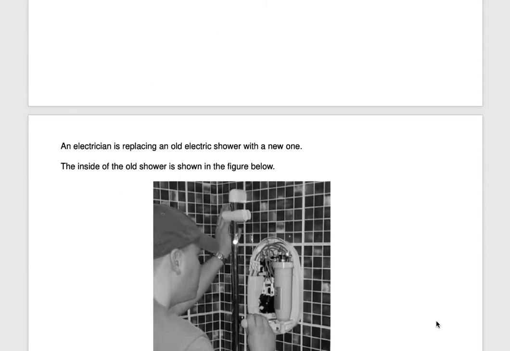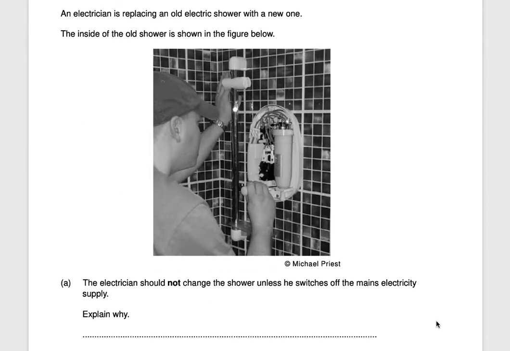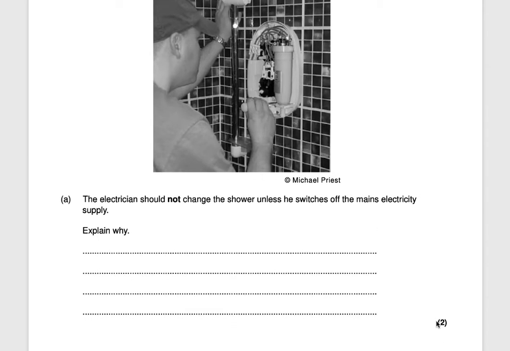Next question. An electrician is replacing an old electric shower with a new one. The inside of the old shower is shown in the figure below. The electrician should not change the shower unless he switches off the mains electricity supply. Explain why. So remember, if he doesn't switch off the mains electricity supply, the one with the current is going to be the live wire, and if he touches it, he's going to get electrocuted.